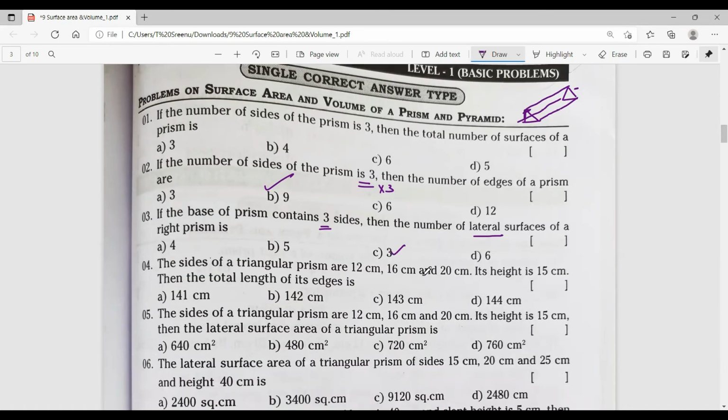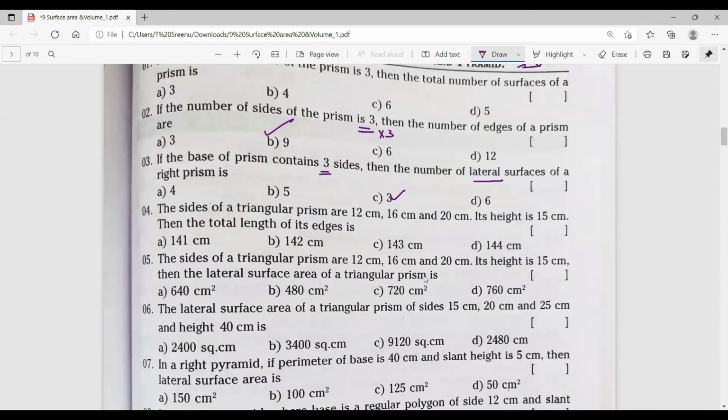Next. The sides of a triangular prism are 12 centimeters, 16 centimeters, 20 centimeters. Height is 15. What is the total length of its edges? Third formula: number of sides times height plus twice the perimeter of the base.